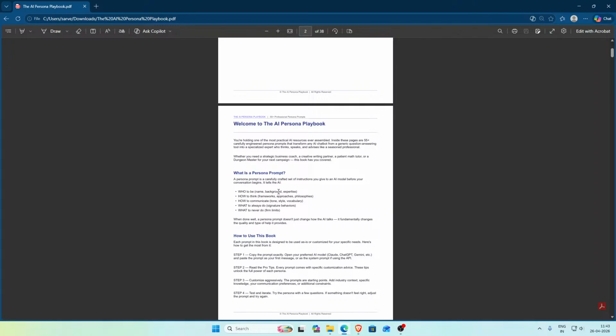You gave it a personality, some rules it has to strictly follow, and by doing that, you gave it a whole personality through which it will answer the questions. You tell the AI who to be, how to think, how to communicate, what to do always, and what to never do. These are the rules we give to a chatbot with a persona prompt.